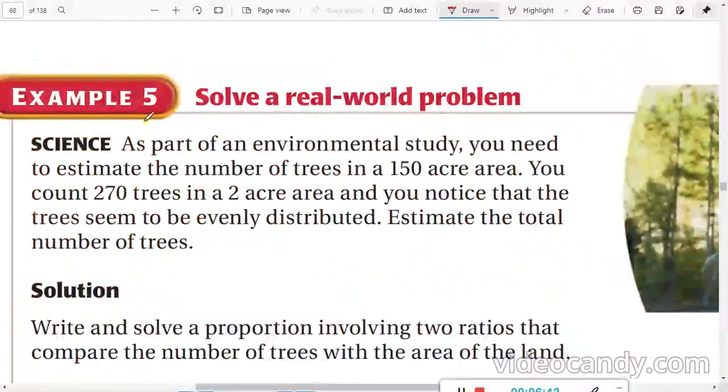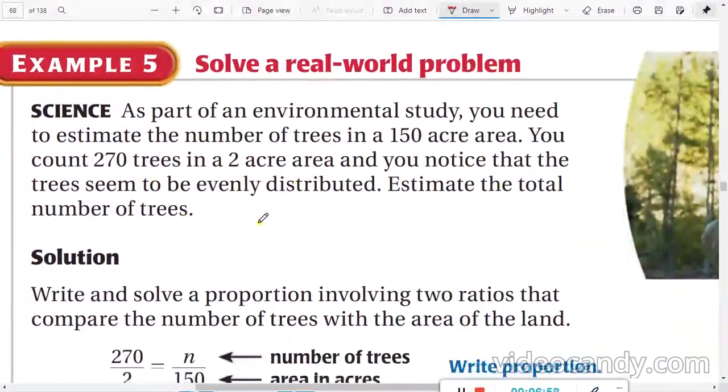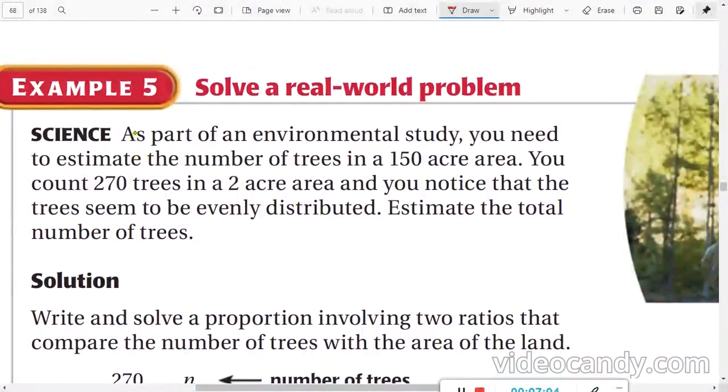All right, example 5. As part of an environmental study, you need to estimate the number of trees in a 150-acre area. You count 270 trees in a 2-acre area, and you notice that the trees seem to be evenly distributed. Estimate the total number of trees. Okay? So there's 270 trees in a 2-acre area.